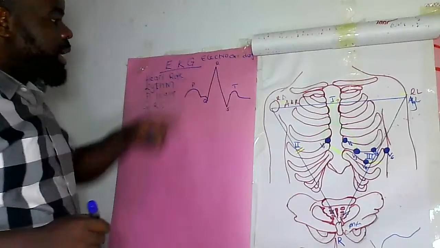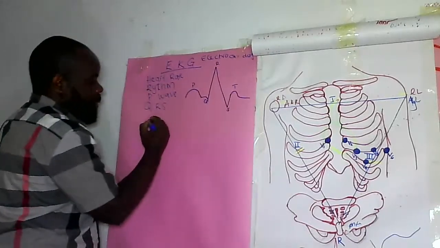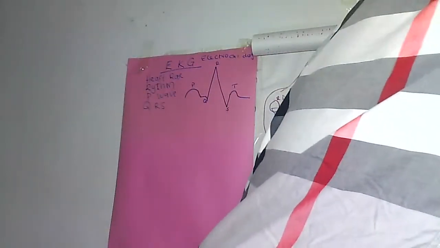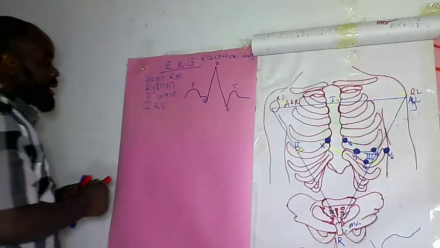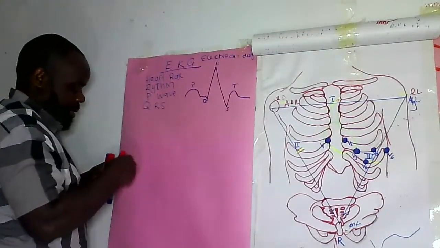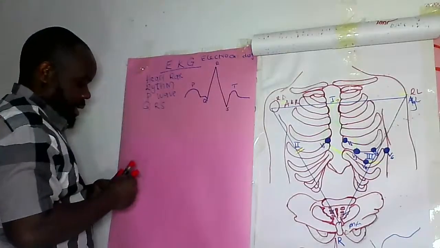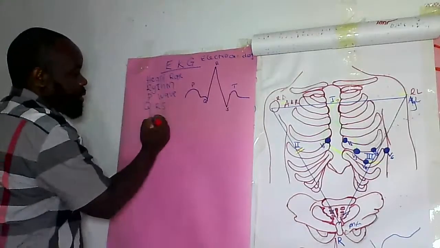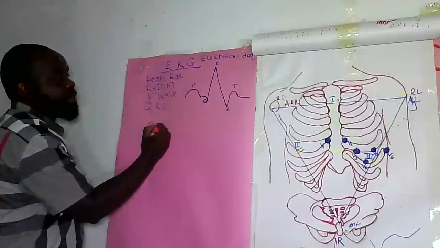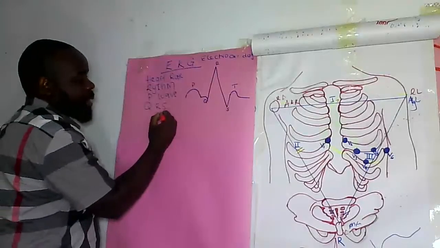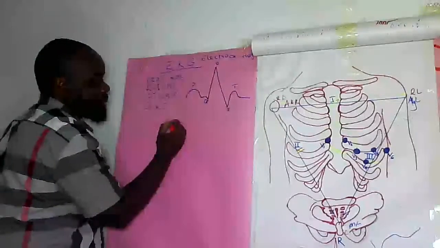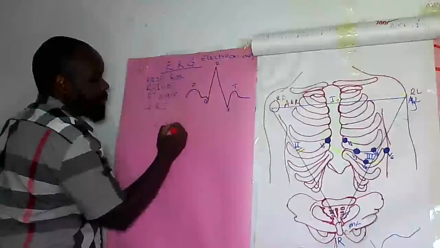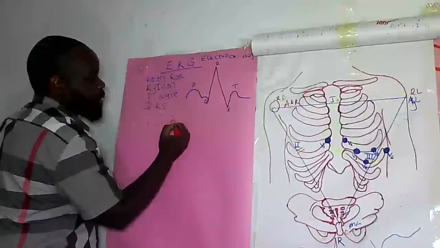So in EKG, you will see this. In that strip, you will see several of these, several P waves, like this.